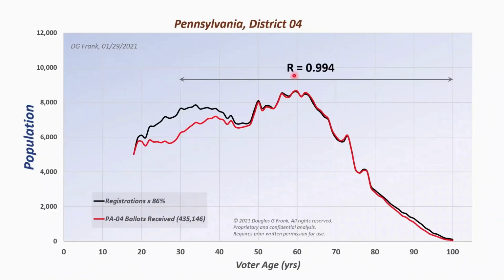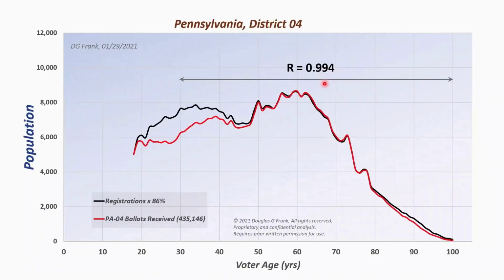There's a number, it's called the correlation coefficient, R. And if R equals 1.000, that's a perfect correlation. That means one set of data predicts another perfectly. And 0.994, that's ridiculously close to 1.00.